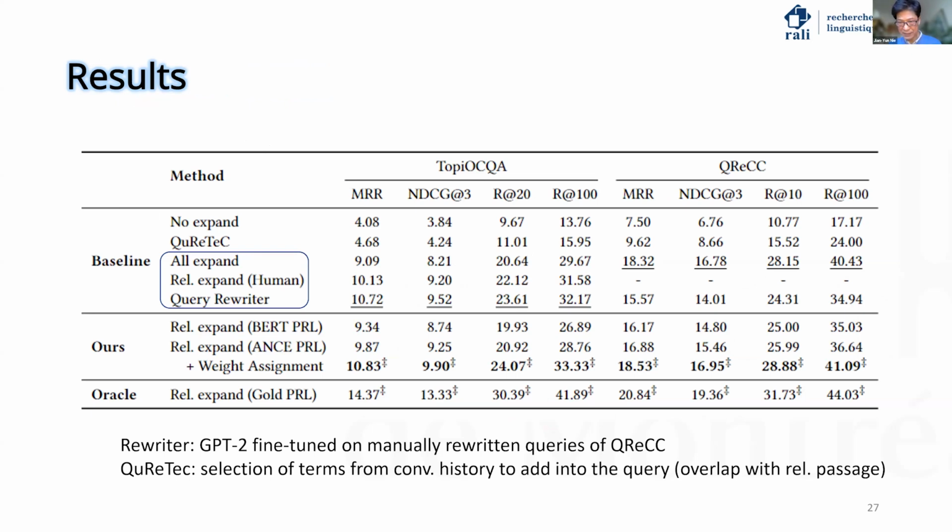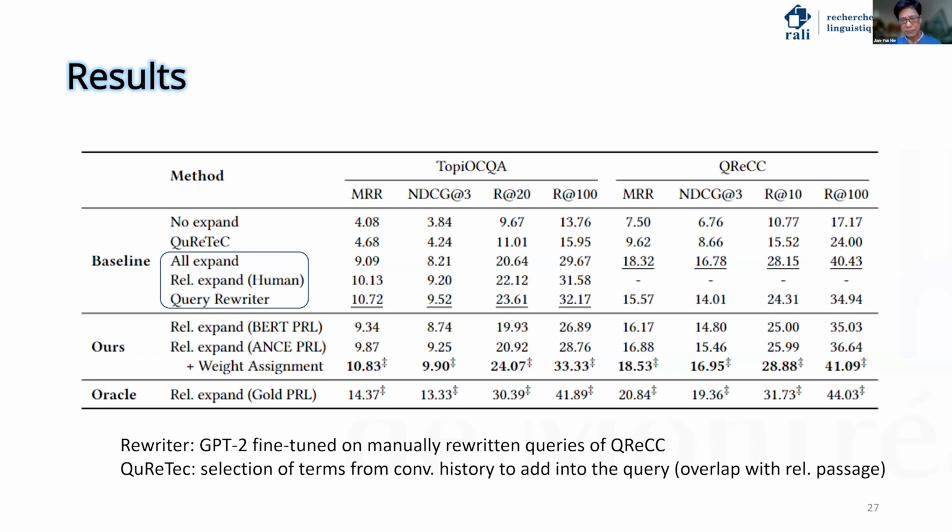If it appears, then we can annotate this term as positive. This is the way to generate the training signals. And then there is a term annotation model trained based on those annotations.